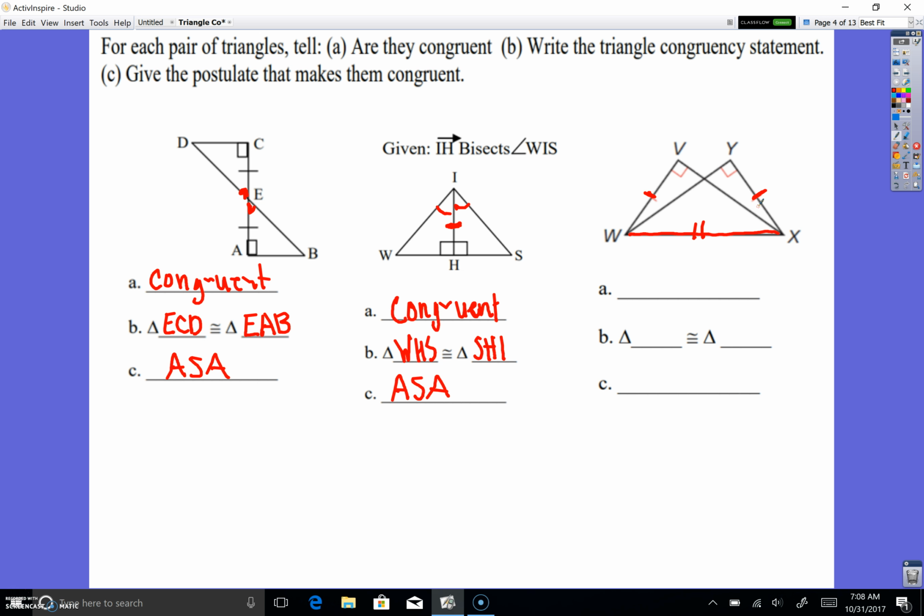So my reason is going to be hypotenuse, leg, and they are congruent. So I can say VWX is congruent to YXW.